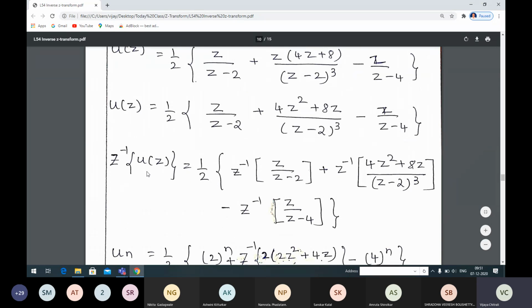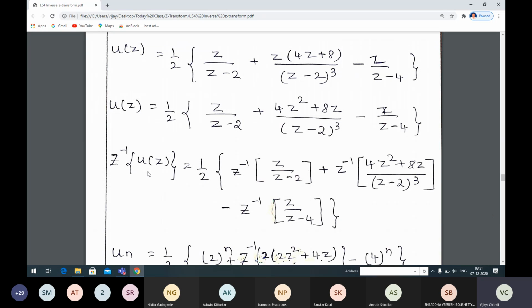So, z inverse of U(z) is equal to 1 by 2 z inverse of, taking inverse z transform of both sides of U(z) is equal to 1 by 2. This is as it is, z inverse of z divided by (z − 2), and this plus is also as it is, z inverse of (4z^2 + 8z) divided by (z − 2)^3, minus z inverse of z divided by (z − 4).